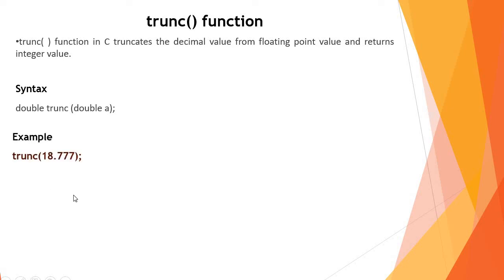Example, trunc of 18.777. Here the decimal value is 0.777. We would like to truncate it, that is delete it from this floating value 18.777. So we will be getting the answer 18.000.